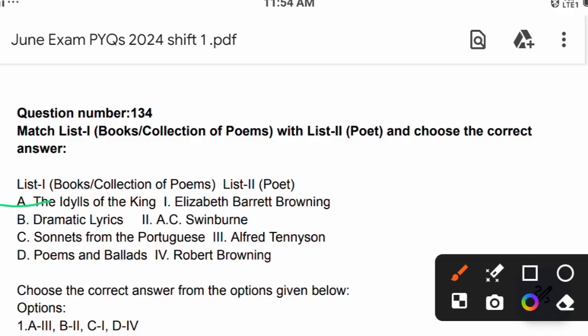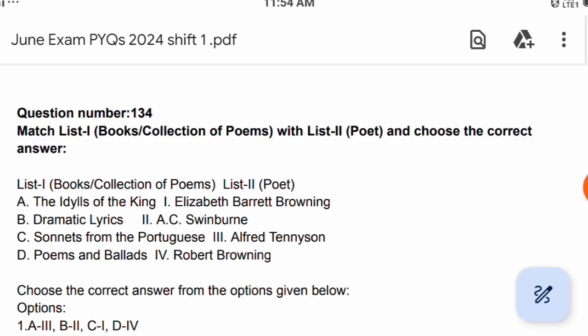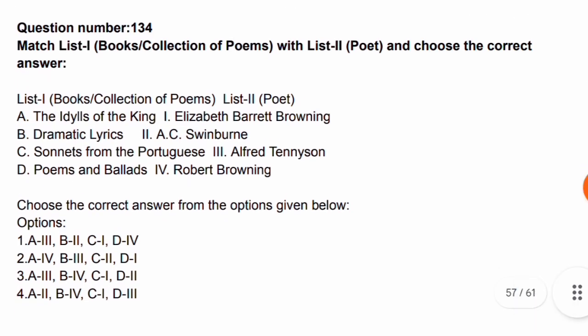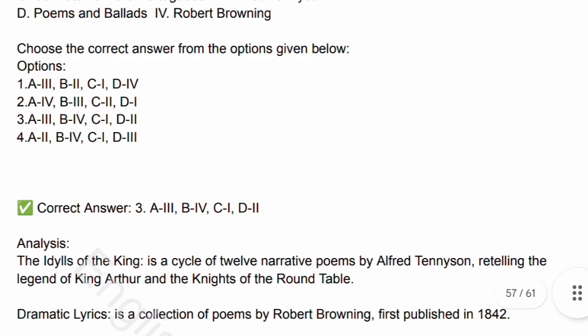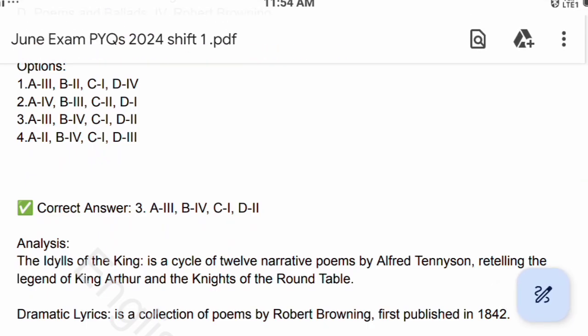And D, Poems and Ballads. What could be the correct answer? See the options also. So the correct answer of this question is going to be the option third, that is A third, B fourth, C first.